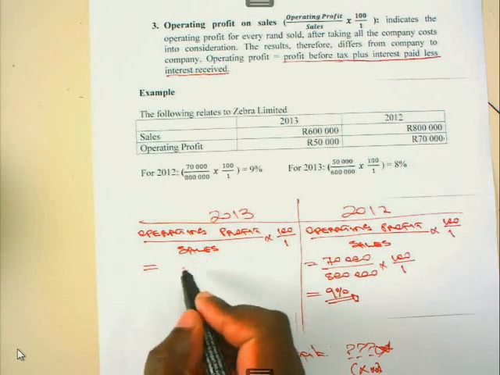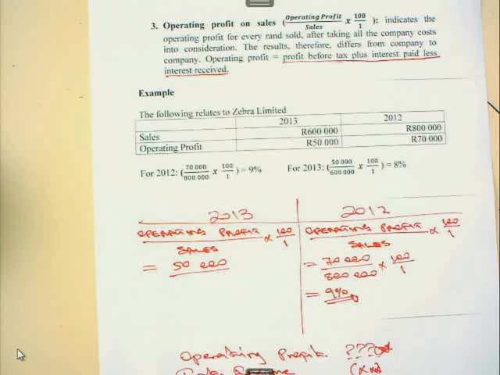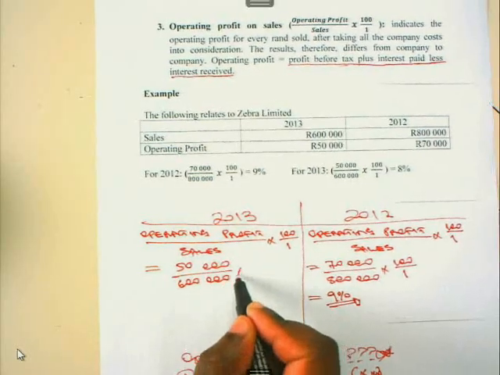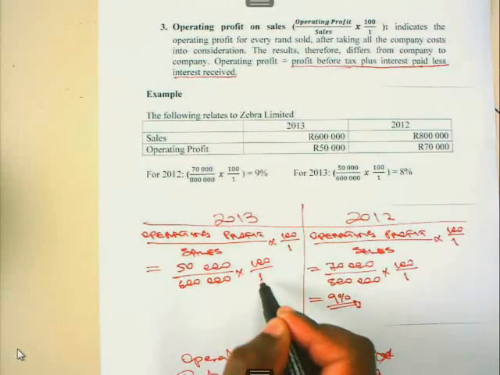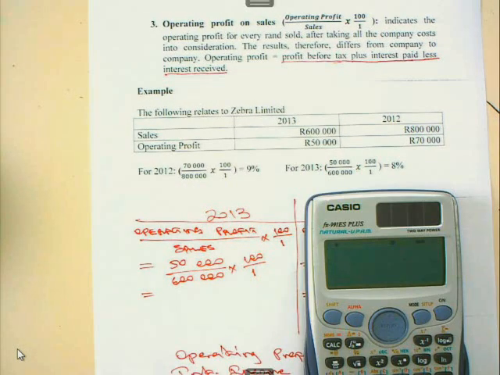Operating profit of 50,000 rands, we'll divide that by sales of 600,000, multiply by 100 over 1. Sorry, operating profit is 50,000. We'll divide that by the sales of 600,000. We'll multiply it by 100 over 1.